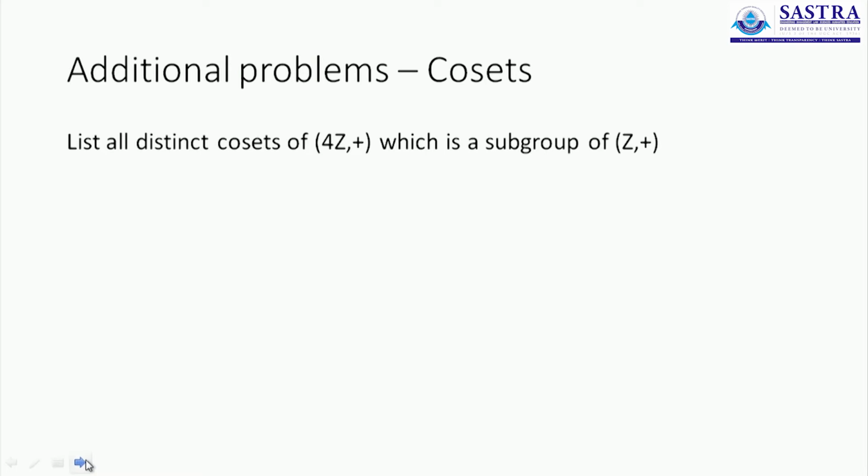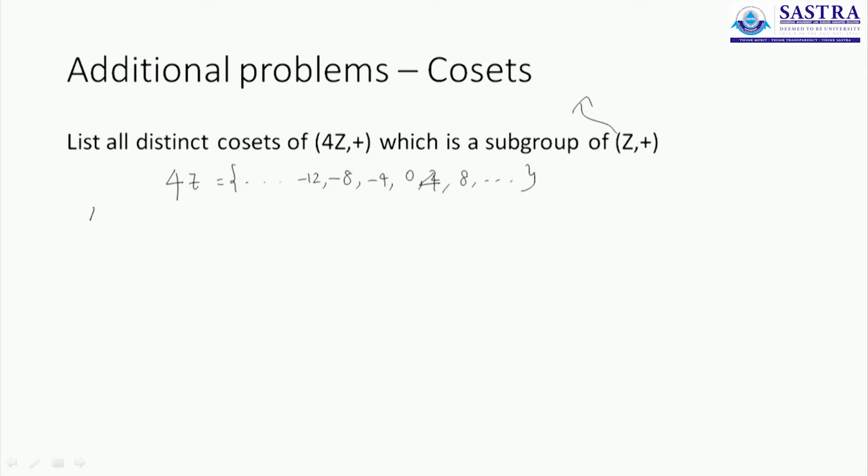First let's list down what 4Z plus is. 4Z is the set of all multiples of 4: minus 12, minus 8, minus 4, 0, no, 2 is not present, 4, 8, etc. Now how do you construct the coset? You pick some element from Z plus and add it to every element of 4Z plus.